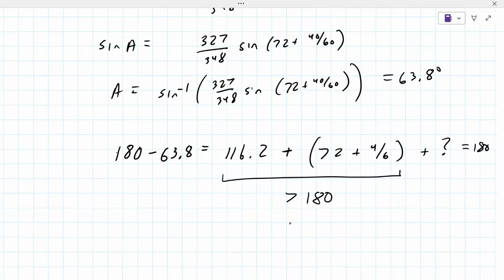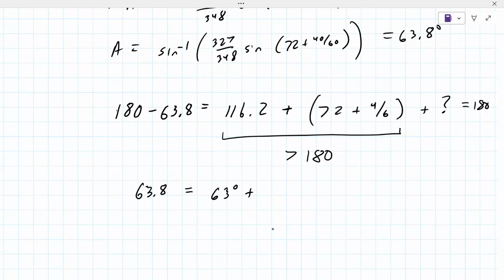Will we not have to convert 63.8 back to minutes? Only if the question said so. I sure hope not, it's an unnecessary step. Do you know how I'd do that if I needed to? Yeah, so 63.8 is 63 degrees plus, you take that 0.8 and multiply it by 60.